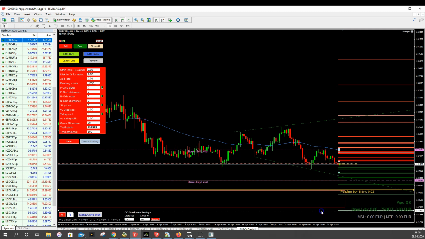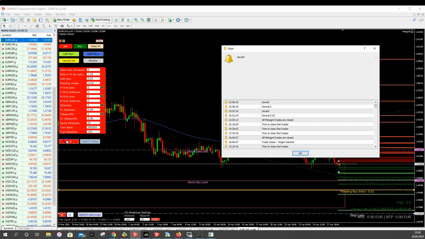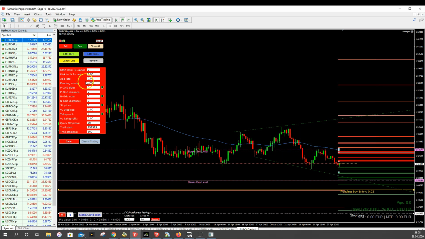We get here our stop loss line. I place it a little bit below the next strong buy level from Metagrid, so we do it this way. And with the auto calculation, we put a 0 in it, then we get an auto calculation based on our risk of 1% here. It's still 2 microlots, and that's the trade.